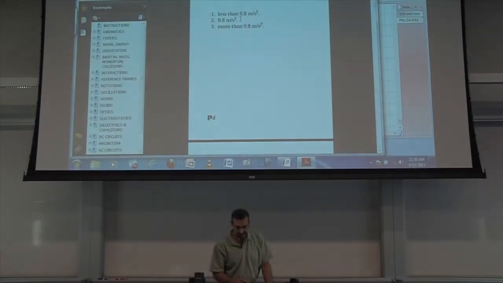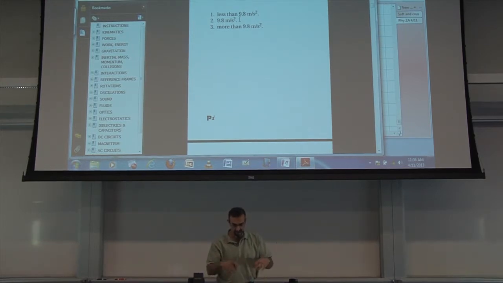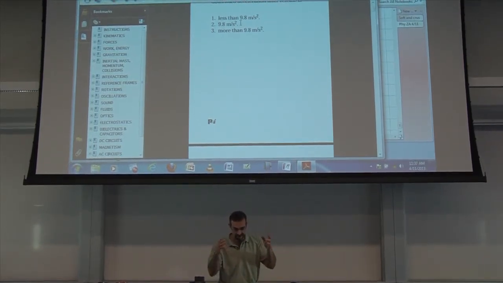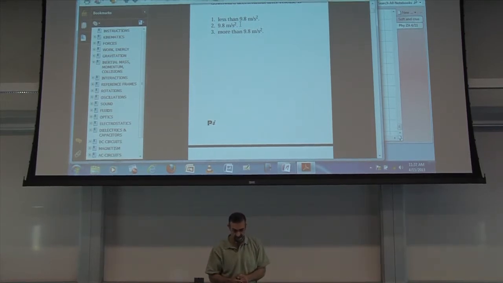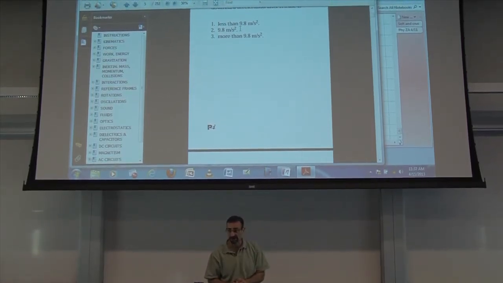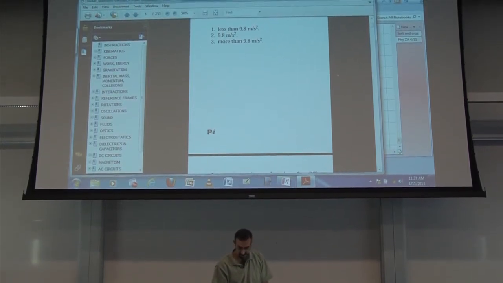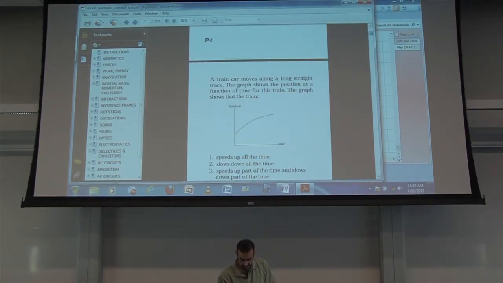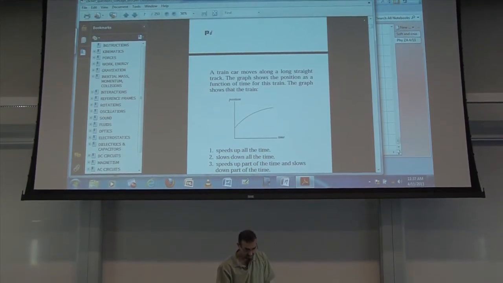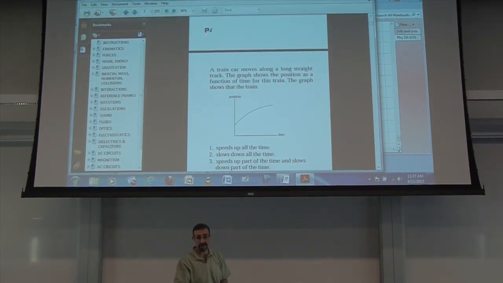We're just looking for the magnitude of the acceleration. Everything was defined as going downward. The ball was going down, and we know the force of gravity is down. So all we were looking at was the magnitude of the acceleration. But you can define any direction you want as positive, just be consistent.